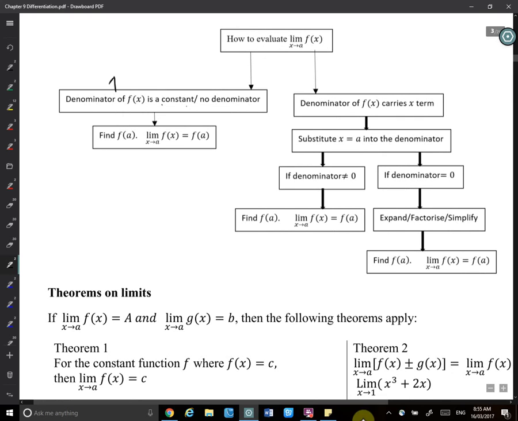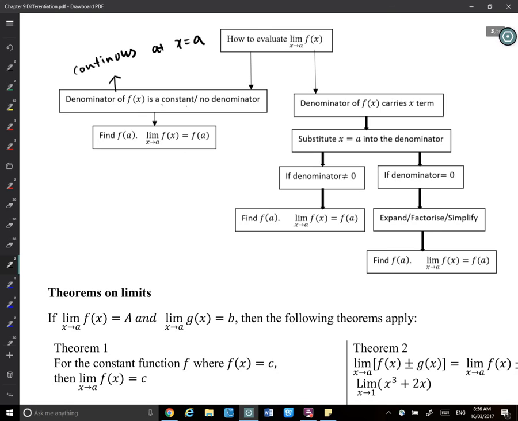If there's no denominator, the function is continuous at that point. There's nothing wrong with x equals a, so it's continuous and there's no jump at the point a, so I can directly substitute it in. If it's a hybrid function, we'll talk about that in another case, but for a single function f(x), we'll use this method.